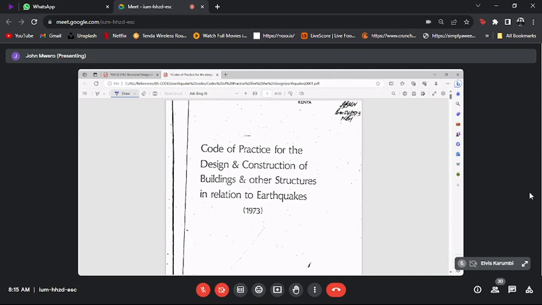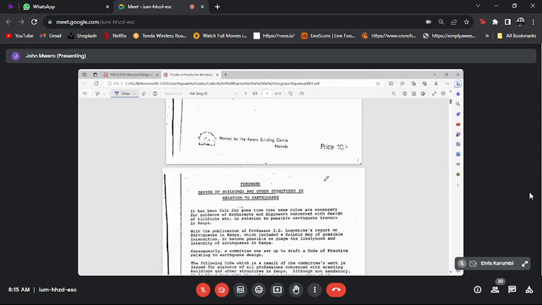And at that time, there was a fairly good understanding of earthquakes to warrant some experts in this country to write this standard. So I will take you through the thoughts of this standard. It's a small standard. It's very, very interesting. And then we will see how we proceed.